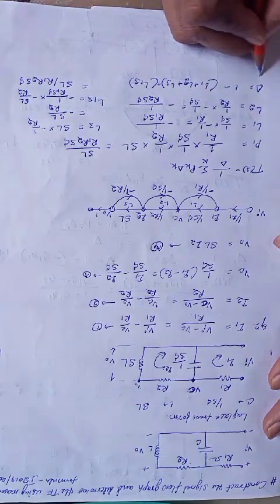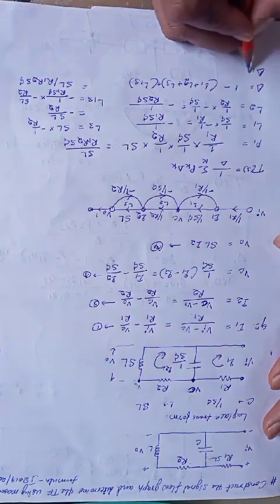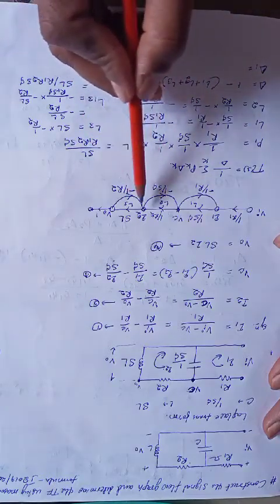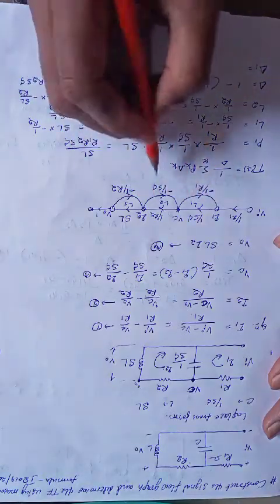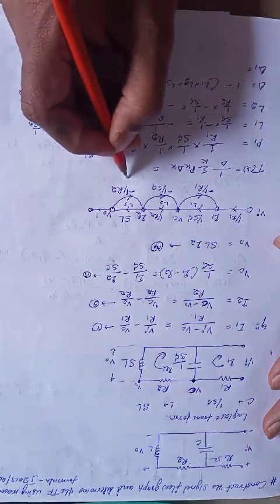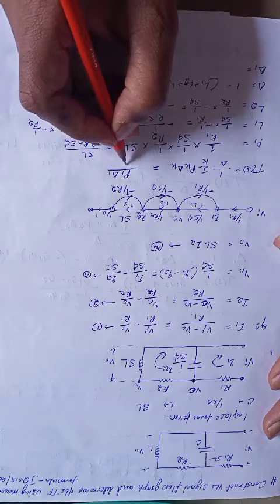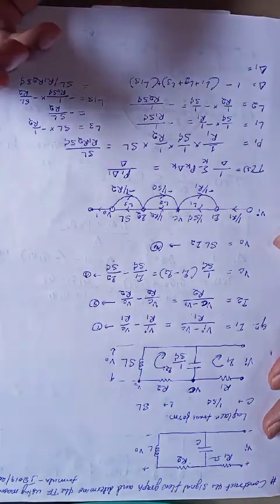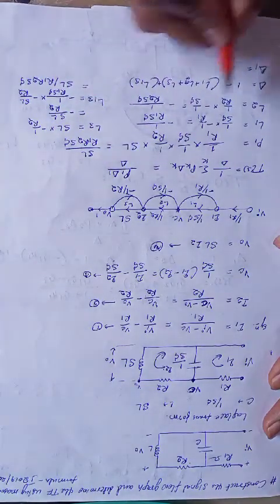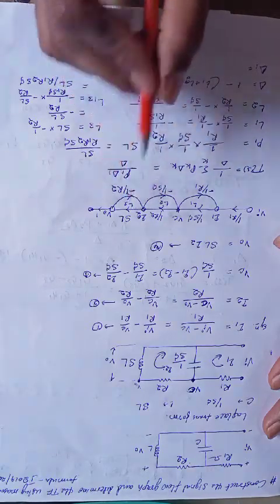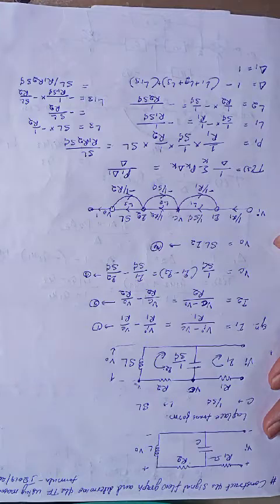Now delta 1 equals, it is only one forward path, hence the formula is P1 delta 1 divided by delta. Therefore delta 1, all the loops 1, 2, 3 are touching the forward path, hence it is equal to 1.